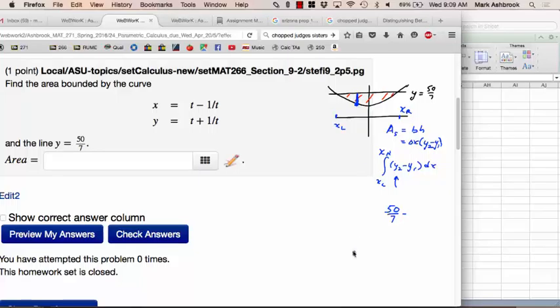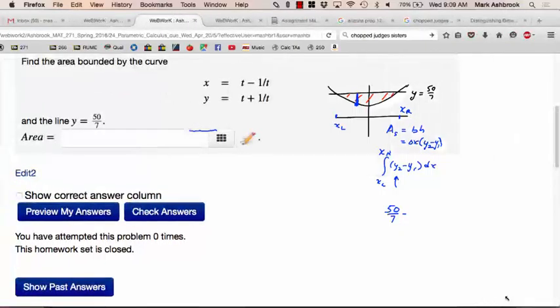And what is that? Well, in terms of t, that's according to our y parametric equation. So it's going to be t plus 1 over t. So there's the y2 minus y1.